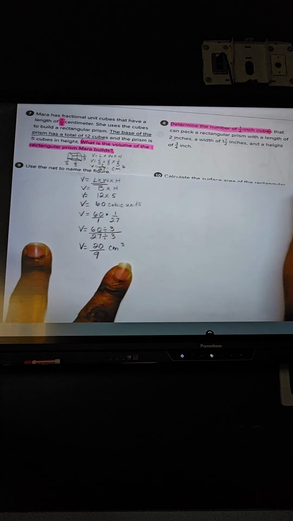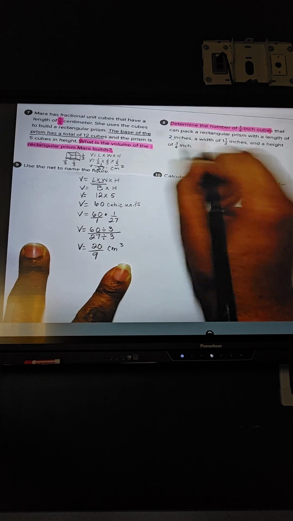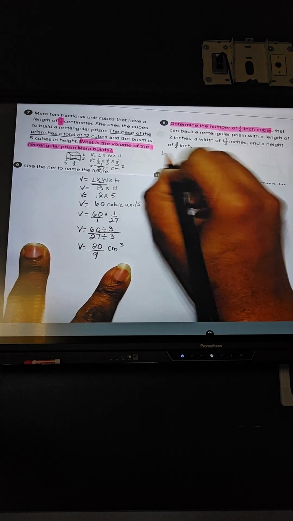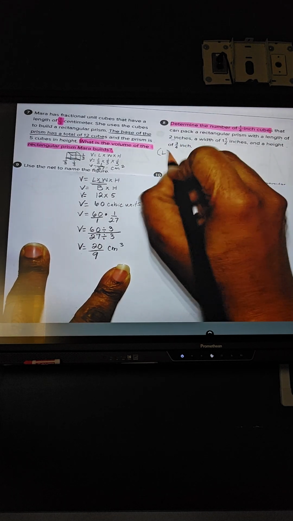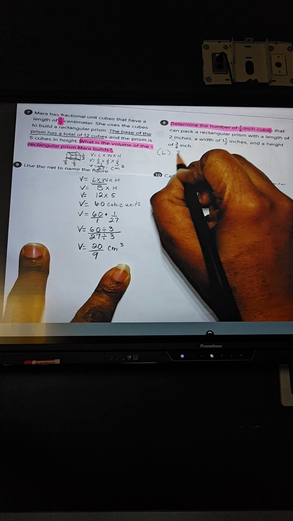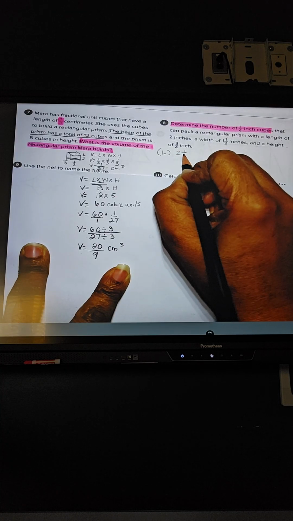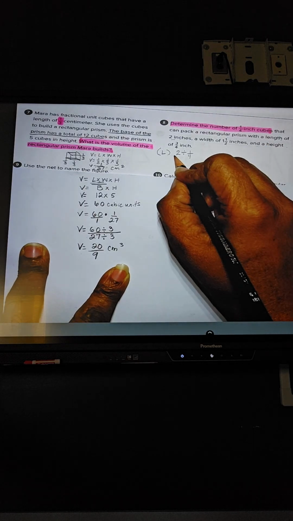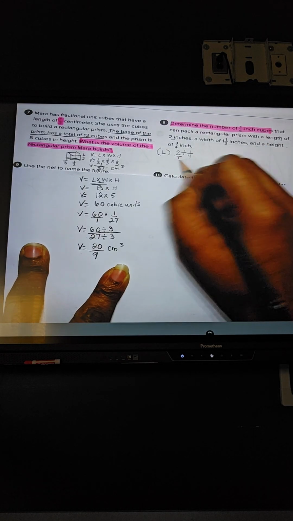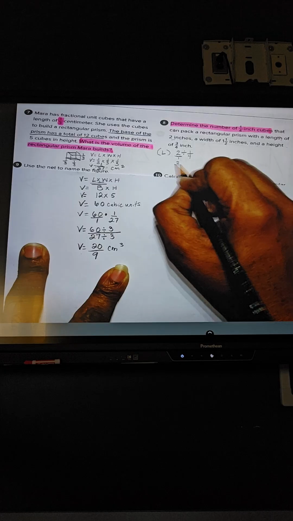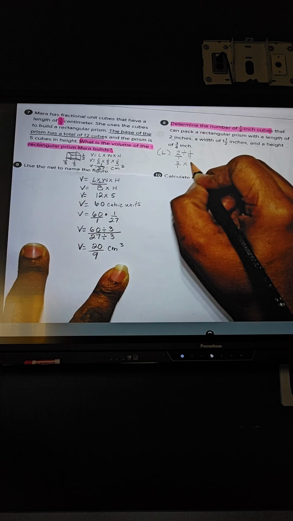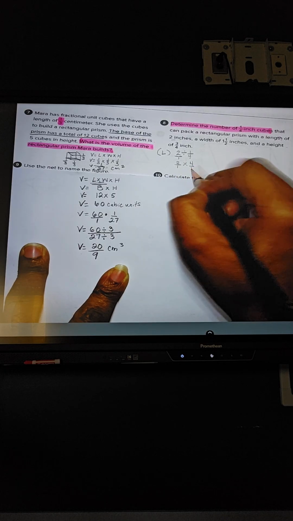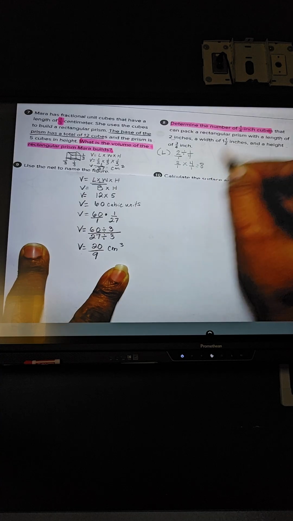So now we have, this is the length. The length is 2 divided by 1/4 inch. I know that's 2/1, so I can keep, change, and flip, which equals 8. Okay?